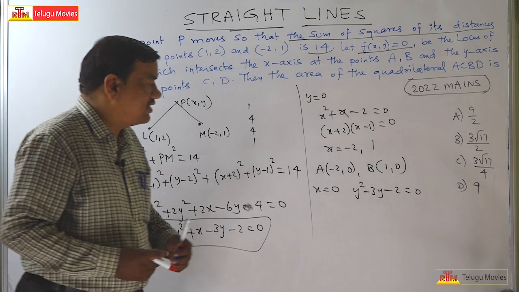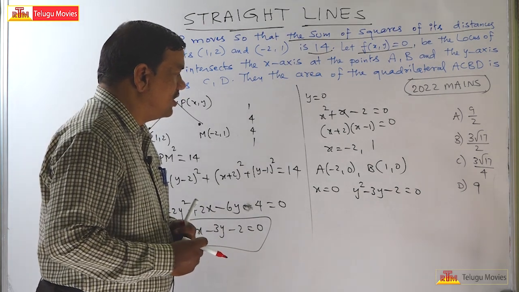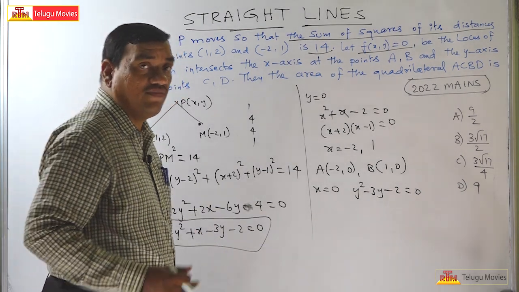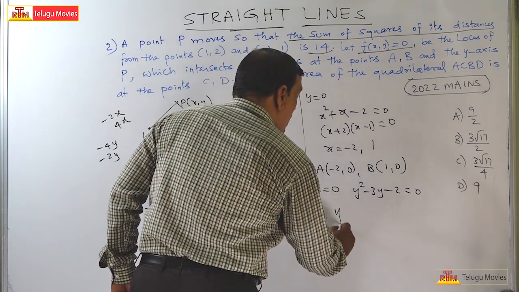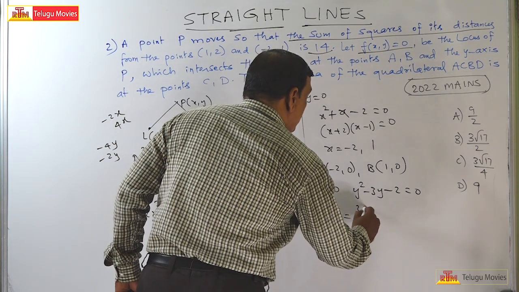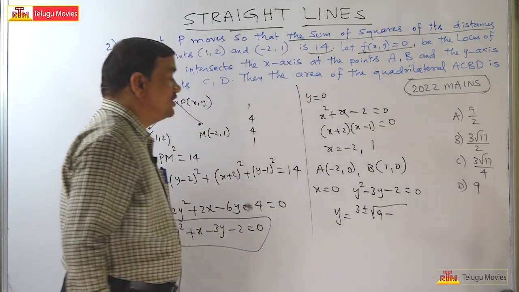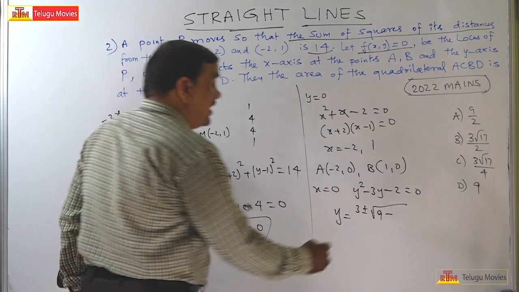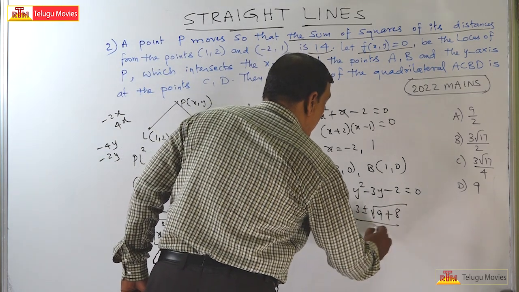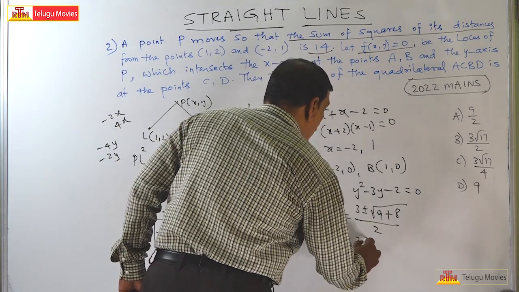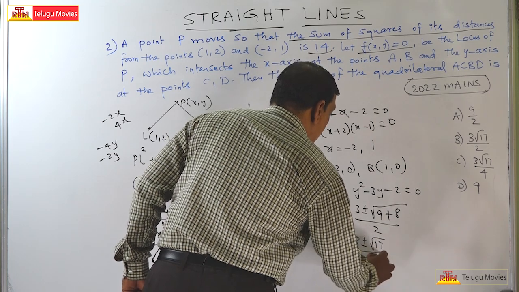Okay, so here factorization is not possible. So let us find the value of y using the formula y is equal to minus b plus or minus root of b square minus 4ac, all divided by 2a. So y is equal to 3 plus or minus root 17 by 2.